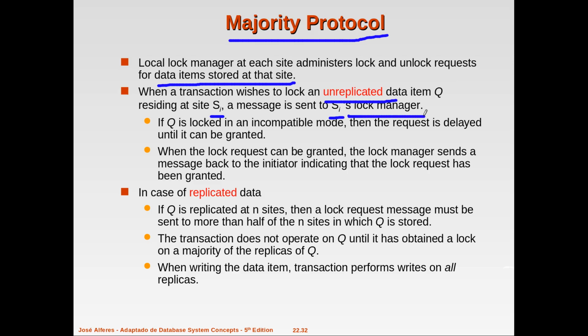If one site contains the item X that is to be locked, the request will be sent to that site and its lock manager, because S1 has the lock manager for all the items present in S1. So X is also present there. If somebody is requesting X, the request will be sent to the lock manager of S1.